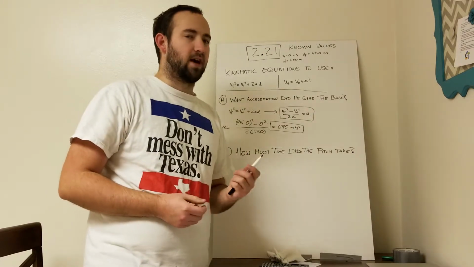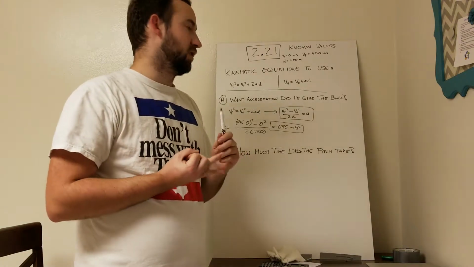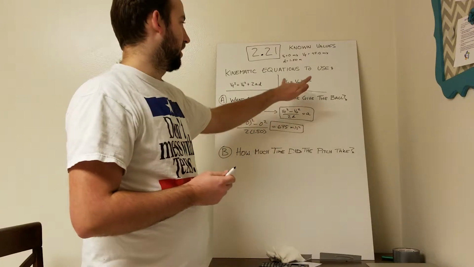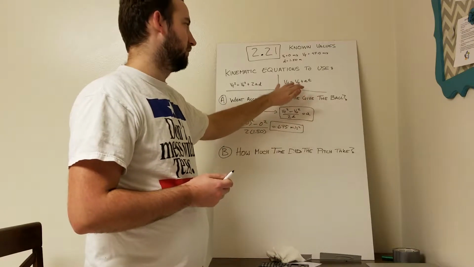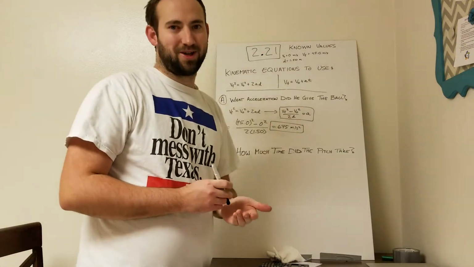And so we do that because now we know the acceleration. And so since we know the acceleration, we know the initial and final velocities, we can use this kinematic equation that says the final velocity equals the initial velocity plus the acceleration times time.